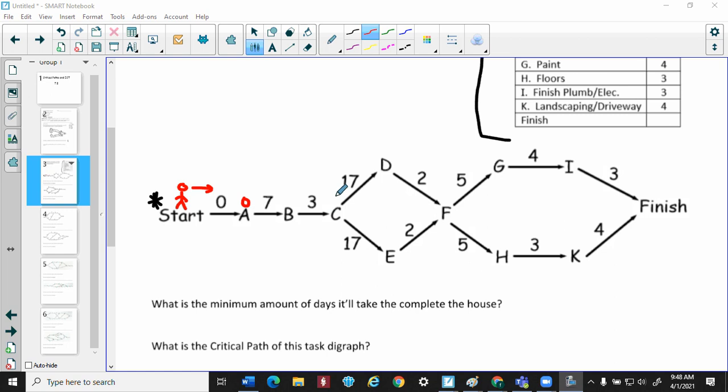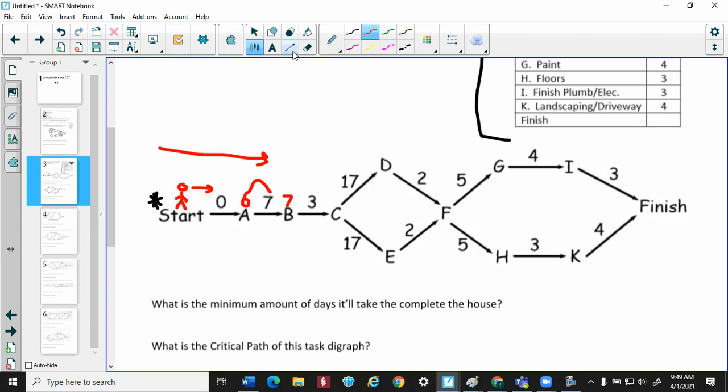For example, if you're sitting on A at 0, and the next path is 7 minutes long or 7 days long, whatever, you would say B would start at 7. As you're moving to the right, it's a continual add.